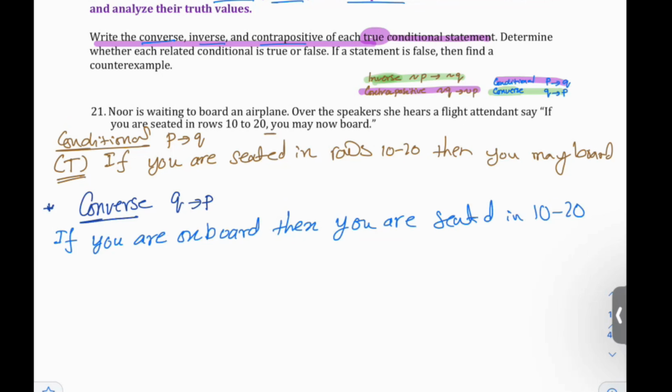Yes, of course, because if they call on the speakers that the passengers seated in rows 10 to 20 may board, it's okay. This is the true statement. Now you go to that plane and you find that somebody is on board. So you realize that they were seated or they will have numbers from 10 to 20. So the opposite in this case is okay. So this is a true statement.